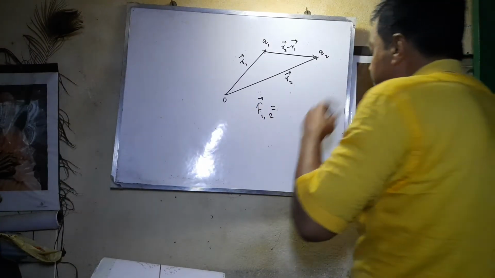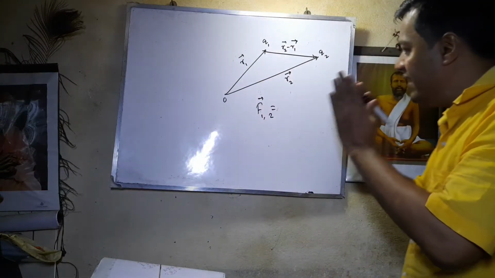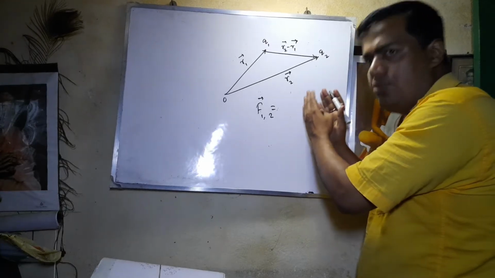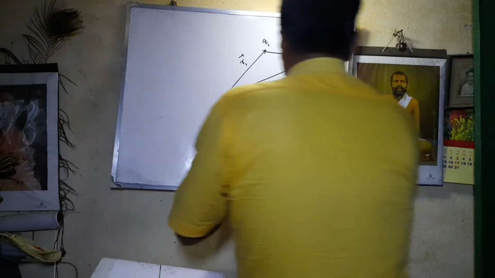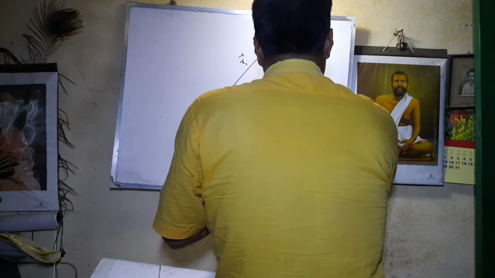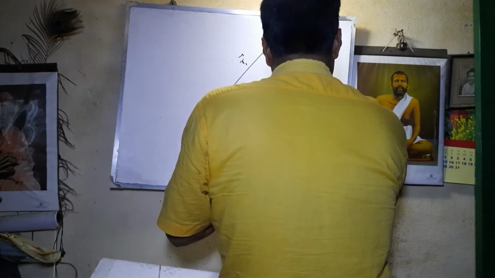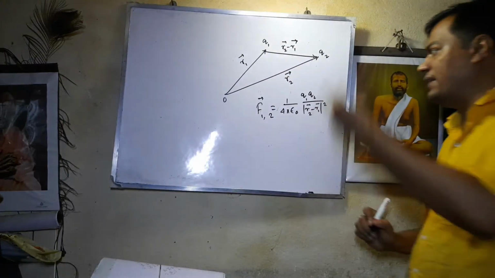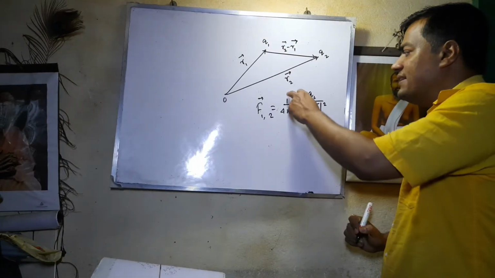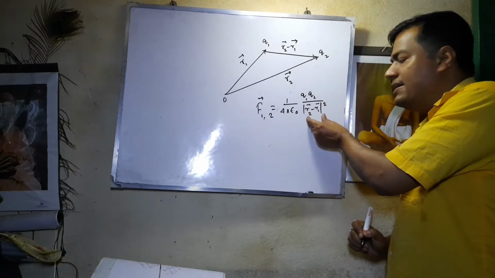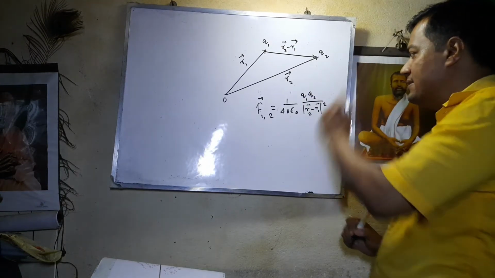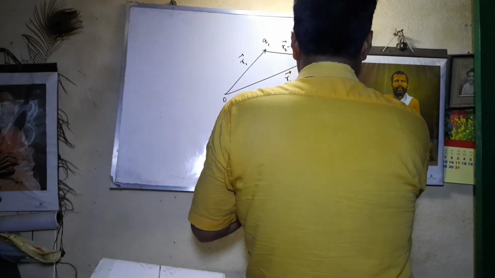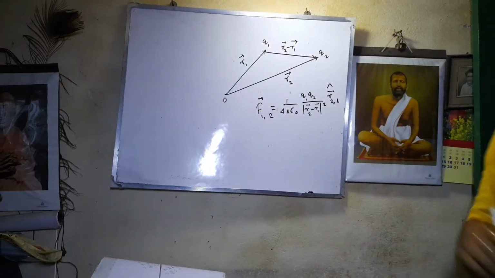You all know force is a vector quantity, which can be represented by the magnitude of the force into the unit vector in the constant direction. That is 1 by 4 pi epsilon naught Q1 Q2 by modulus of R2 minus R1 square, which is the magnitude of the force in free space, into a unit vector.